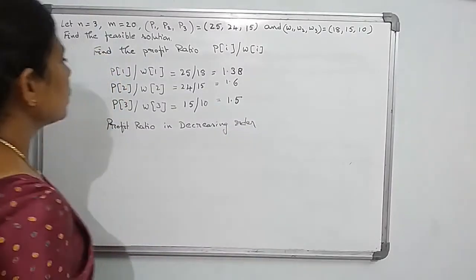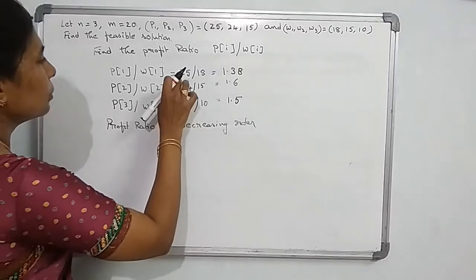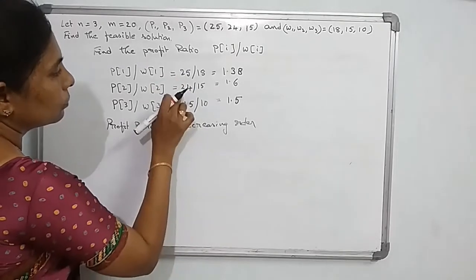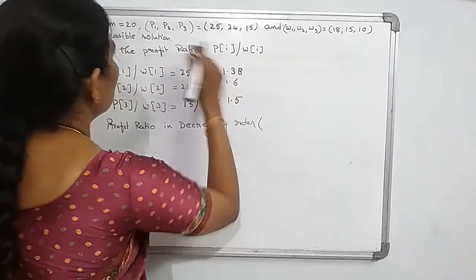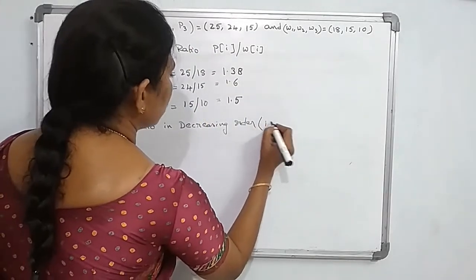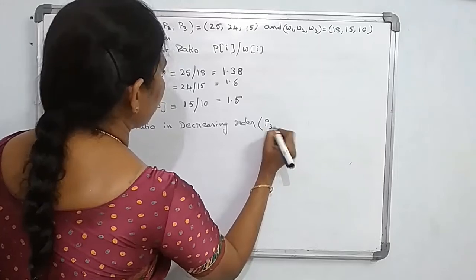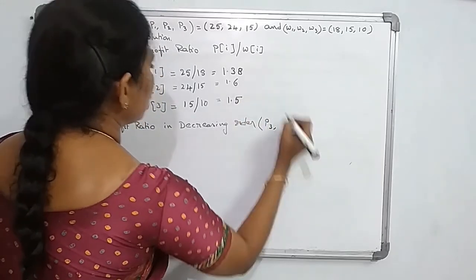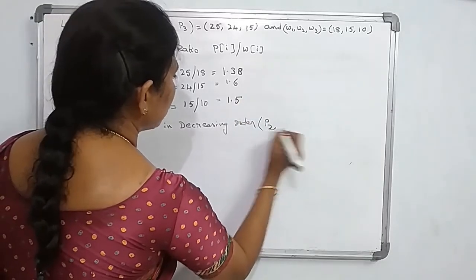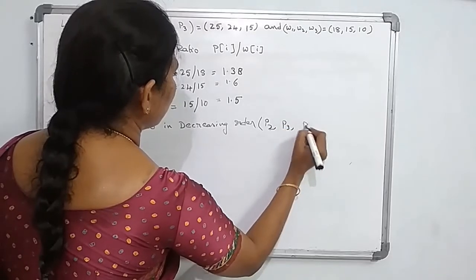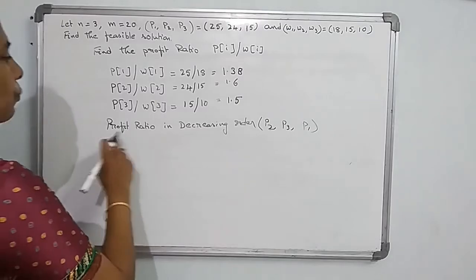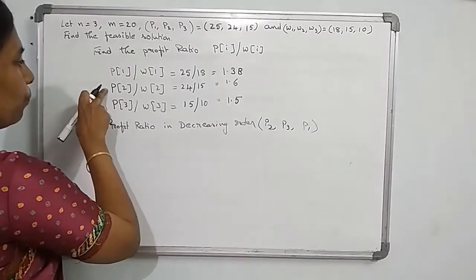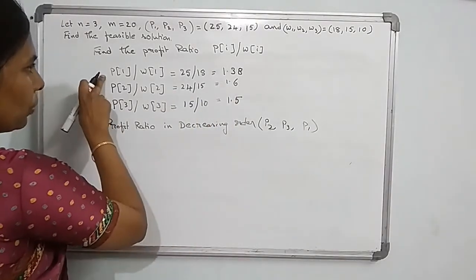That means first you take the second one, next the third, and then the first one. So the order of the profit ratios is P2, P3, P1.